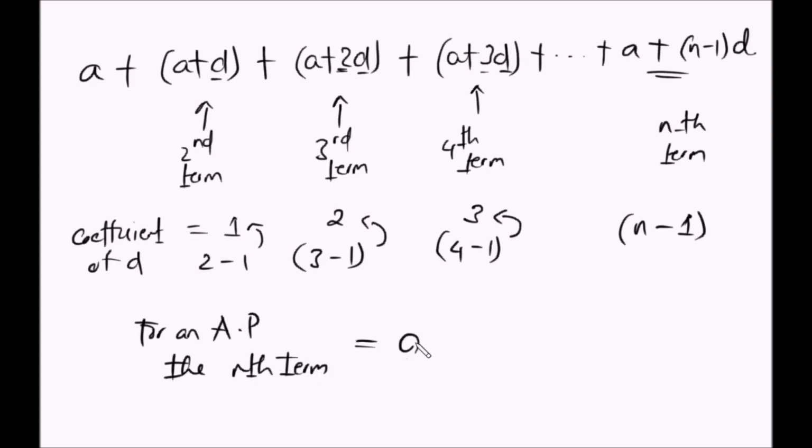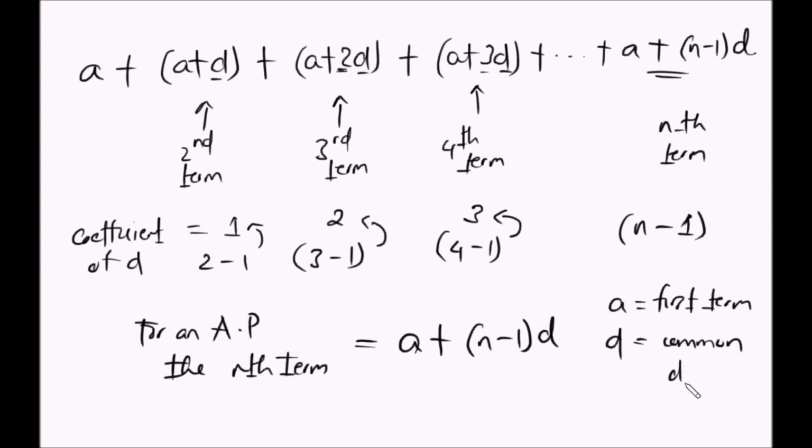It's just going to be equal to a plus n minus 1 times d. So a is the first term, d is the common difference, and n is the position of that term.